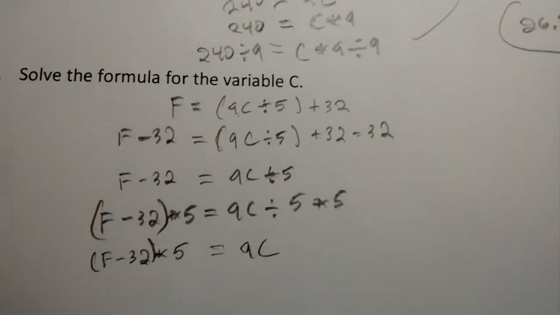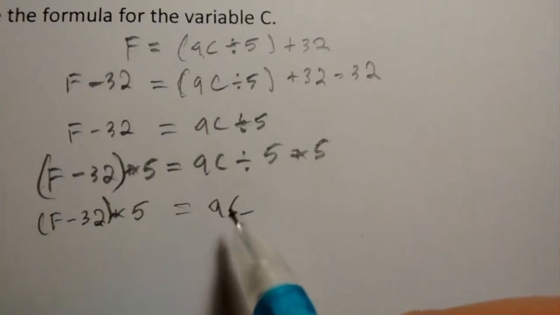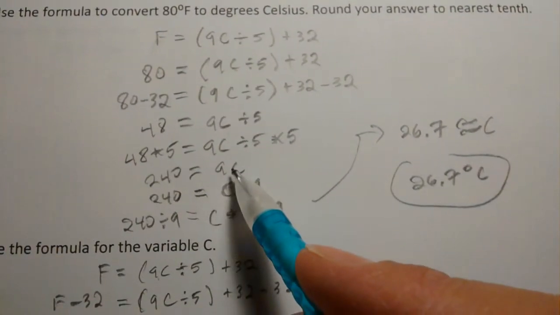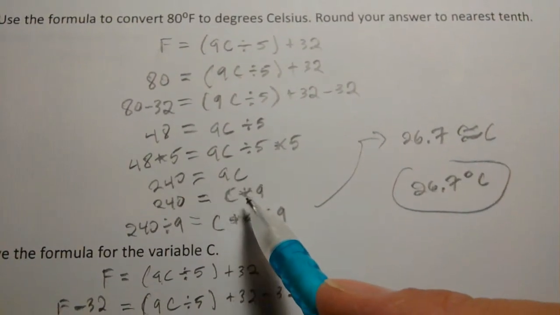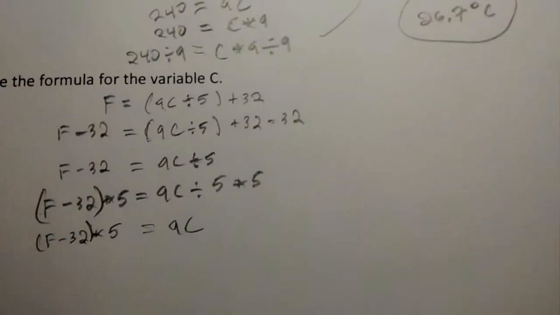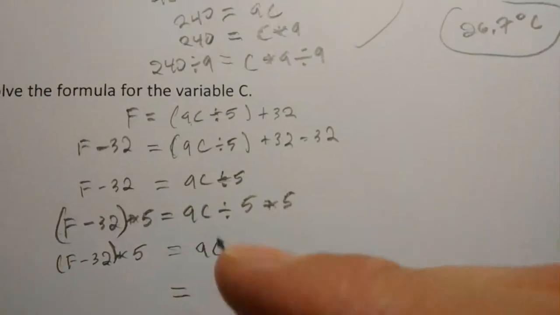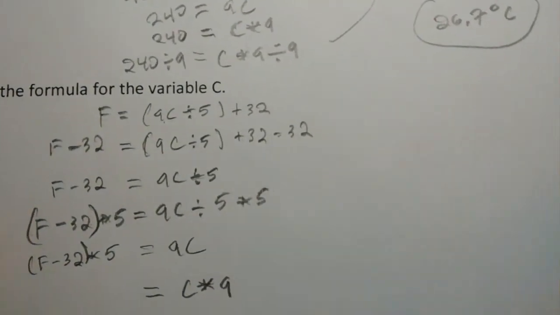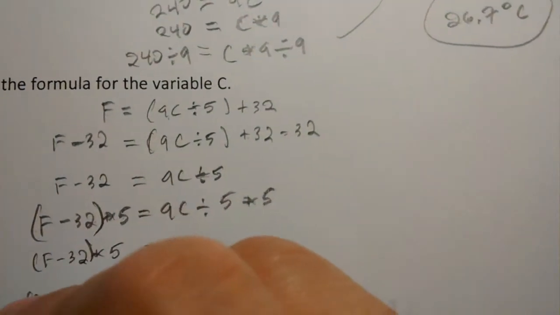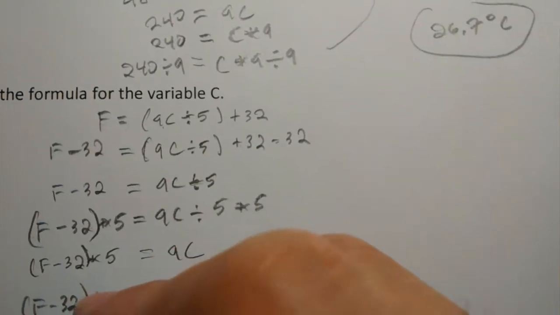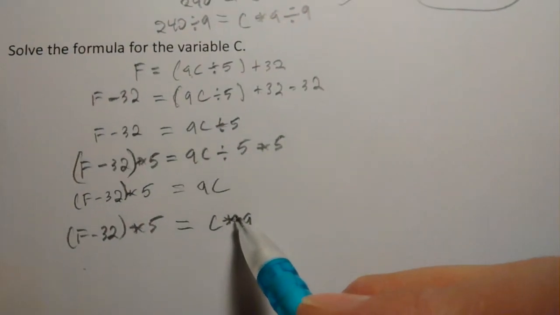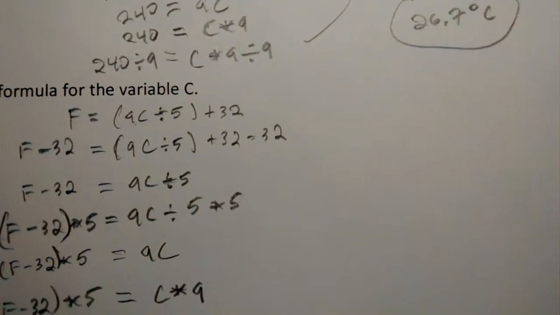Okay, so now, next, hopefully you're thinking, like we did up here, we undo the multiplication by dividing by 9. So let me take the 9c and write it this way. And now it's clear to undo this is division by 9.